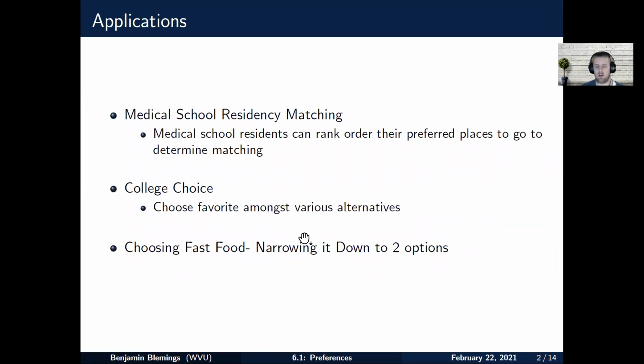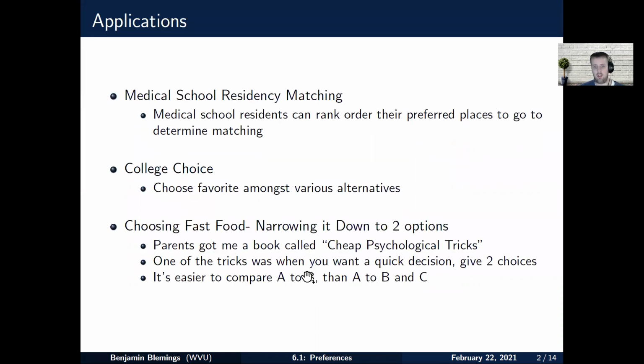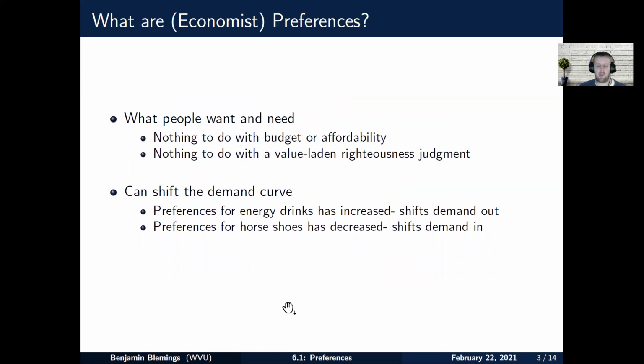So you rank your applications among your various favorite alternatives. And another application could be choosing where to go out to eat. Narrowing it down to two options is a cheap psychological trick from a book that my parents got me. It's easier to compare two things to each other than amongst three options, because you have to make all the comparisons.